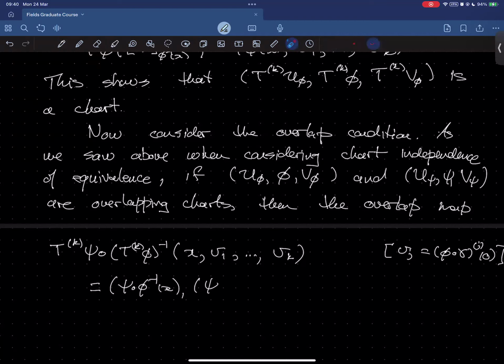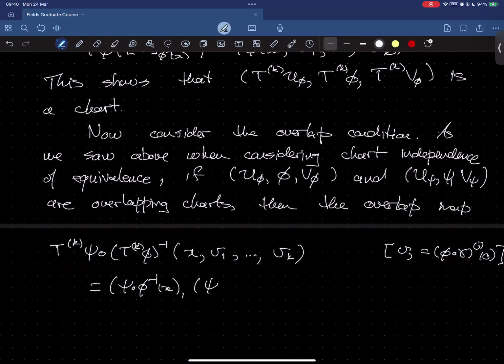So when you take this thing and map it backwards under T^k phi, it's going to be some curve, or equivalence class of curves, and then you take that same equivalence class of curves and map it forward by T^k psi. The equivalence class of curves comes from this formula here.